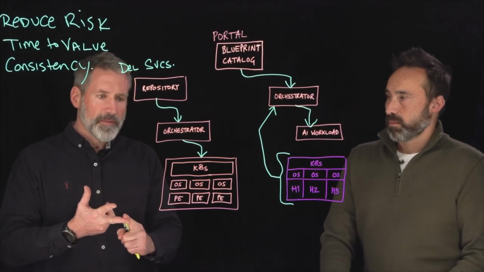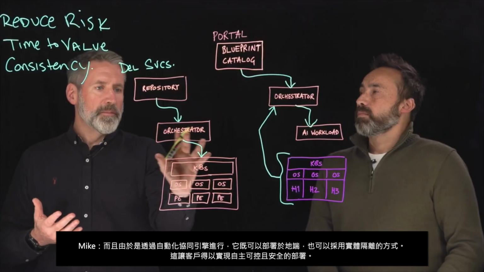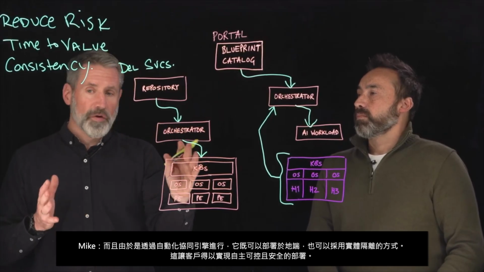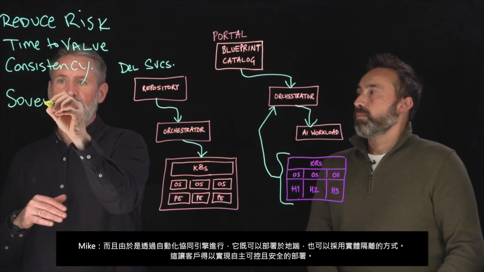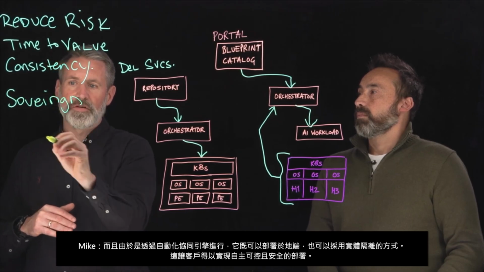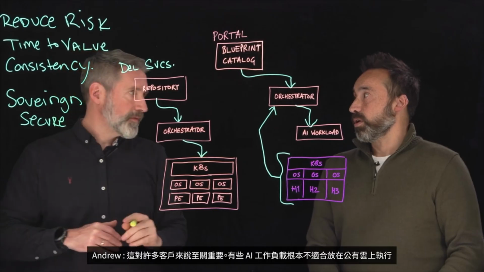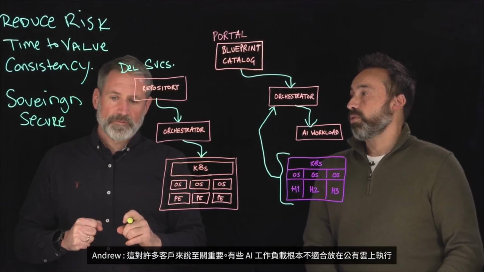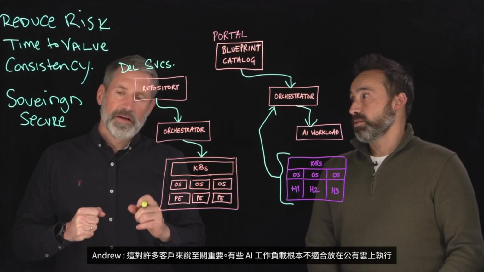It's also using the orchestrator, which can be on-prem or even air-gapped, so the ability to do this as sovereign and secure. Which is key for a number of customers, and running some of these AI workloads in public cloud just isn't an option. Exactly.